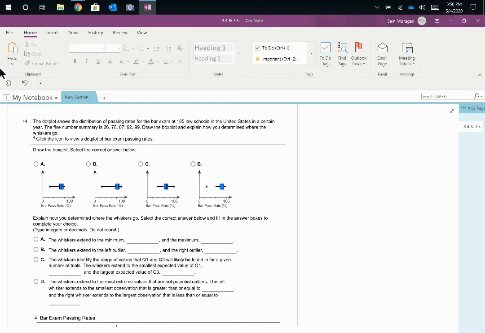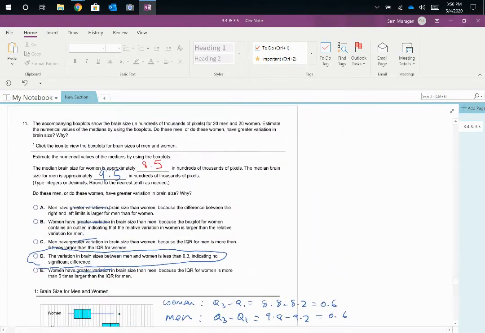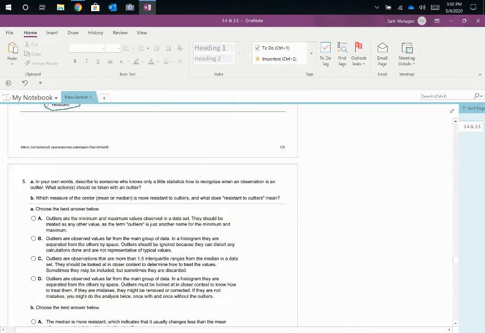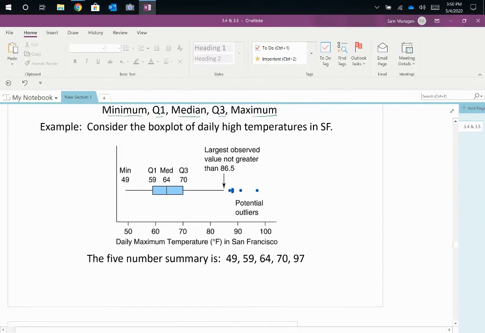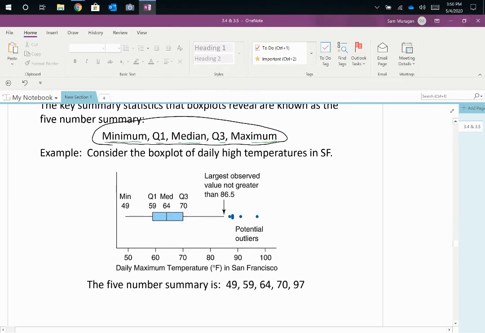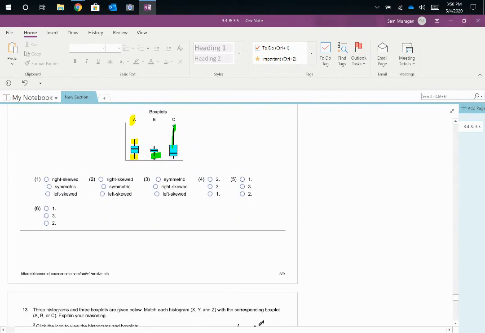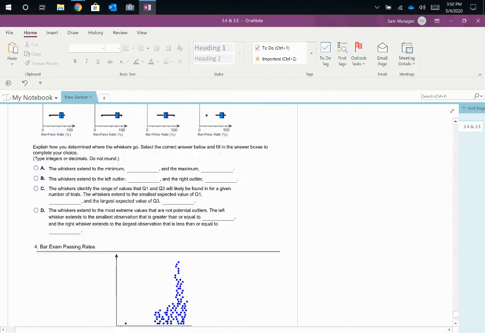So recall that in the PowerPoint slide, I gave you what these 5 numbers are. In the last slide here, I told you that those numbers are minimum, Q1, median, Q3, and the maximum. So we're going to write these numbers first and identify what they mean.